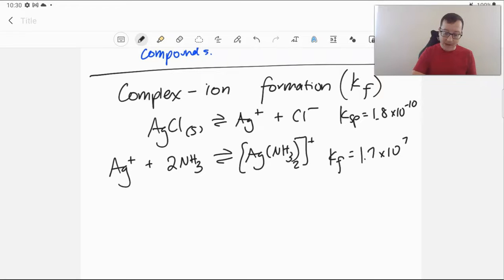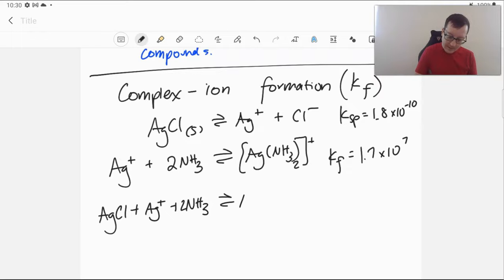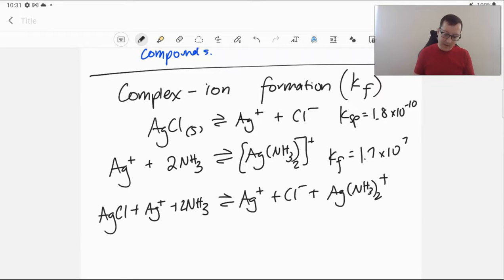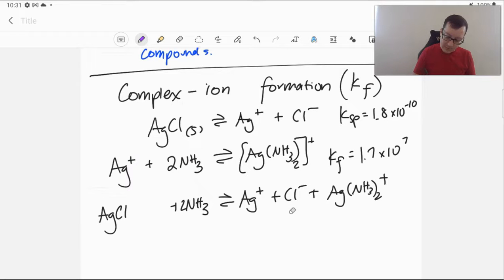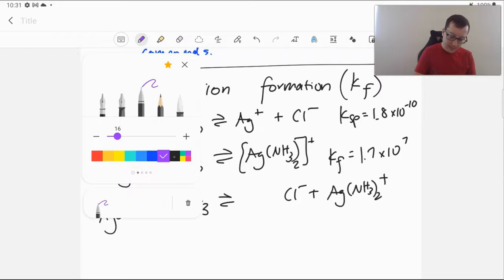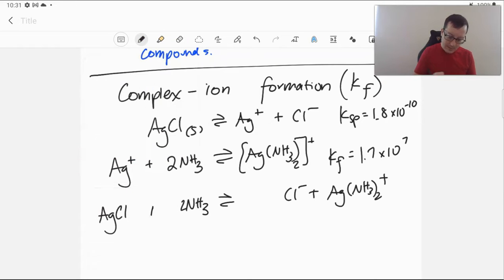And so if we combine these equations, AgCl plus two ammonias, we get Ag plus, Cl minus, plus our complex. The silvers, as we see, are the same on both sides, so we can get rid of those. So we end up with our silver chloride plus ammonia giving the chloride ion plus our complex, once we put these together.